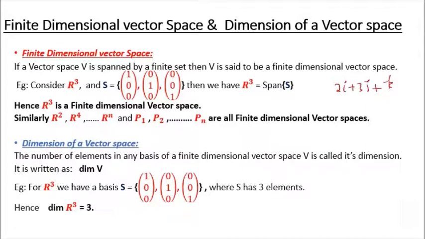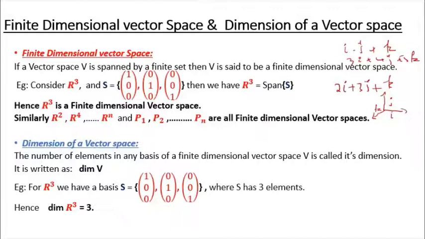This is in geometry, or vector calculus, where i, j, k are unit vectors along the coordinate axes. Then any vector in this three-dimensional space, you can write as a linear combination of i, j, k. One more vector, I will write i minus j plus k, or another vector, 3i plus 4j plus 5k.